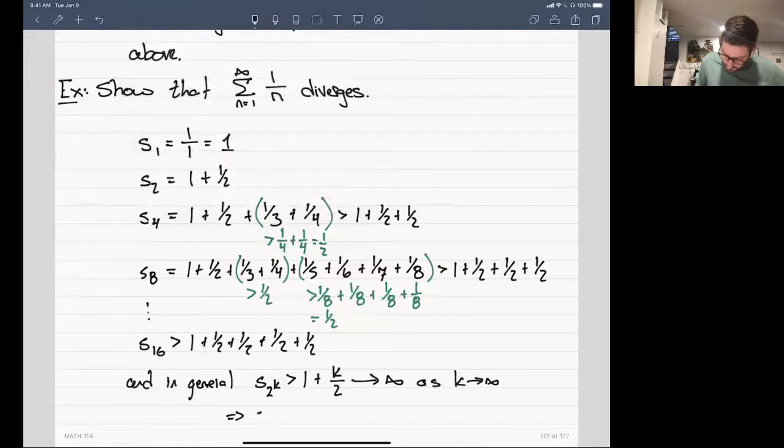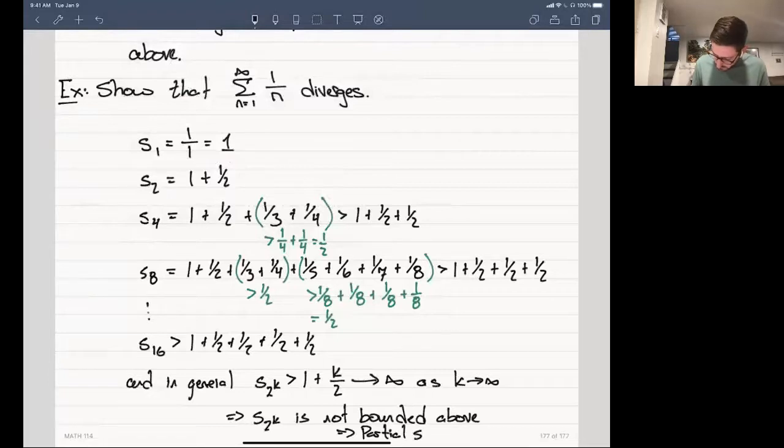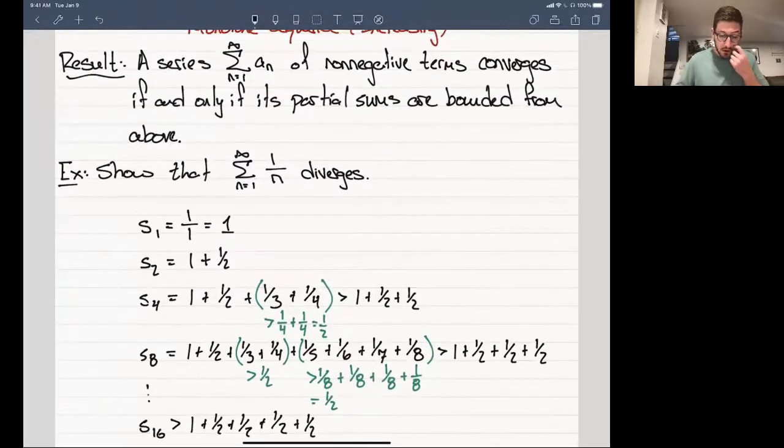This tells us that S sub 2 to the k is not bounded above, which implies that the partial sums are not bounded above. And so from our little result here, since the partial sums are not bounded above, this tells us that the harmonic series, the sum of 1 over n, diverges as well.